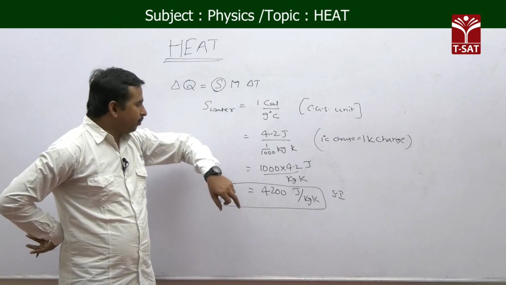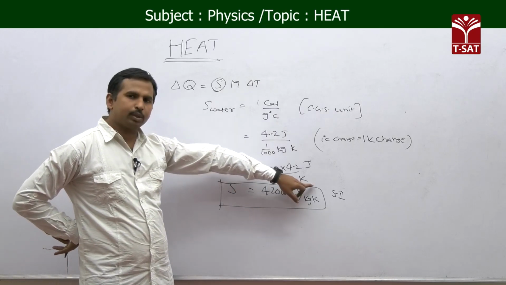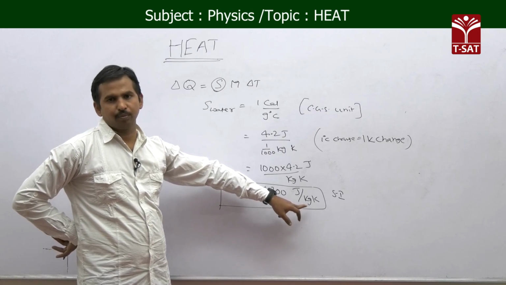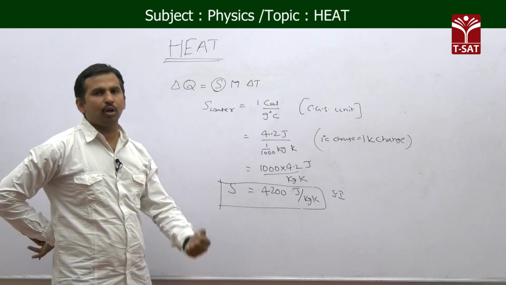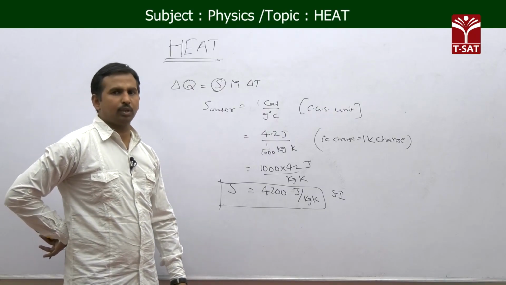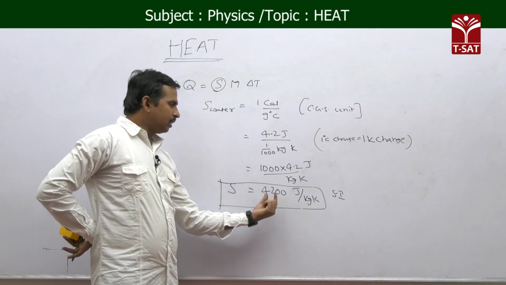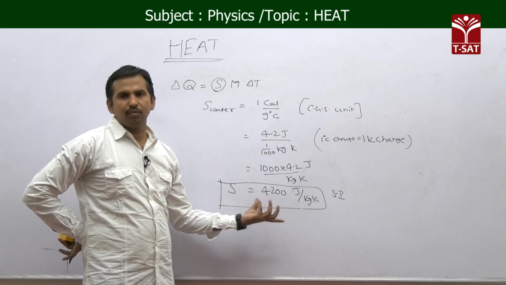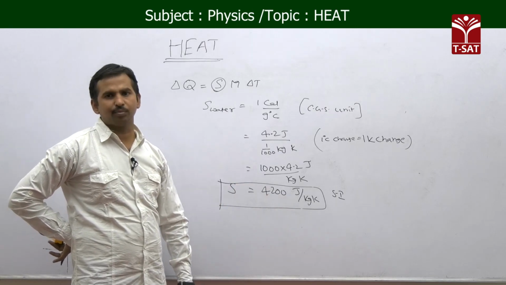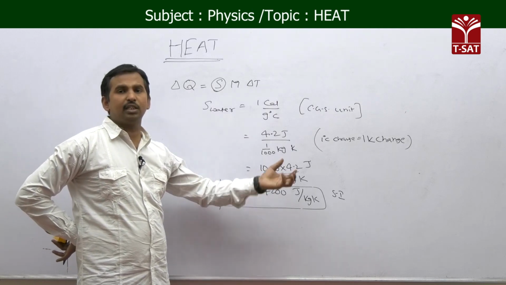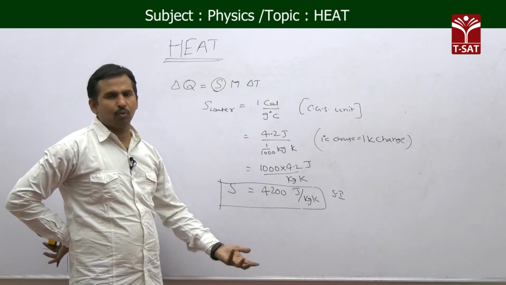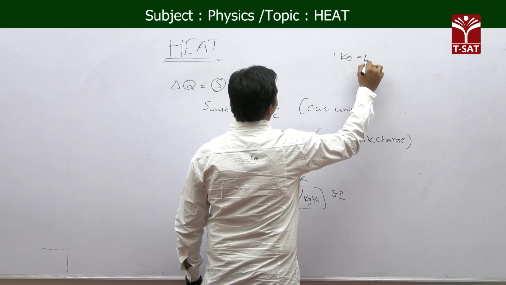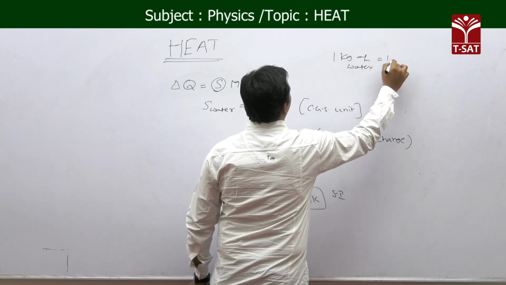But if you observe here, it requires 4200 joules of heat energy for 1 kg of water, which is a huge amount of heat energy. So whenever you want to raise the temperature of water by just 1 degree Celsius, the amount of heat energy required is 4200 joules, which is huge for the amount of water you are taking, 1 kg. 1 kg you already know is approximately equal to 1 liter, that is, 1 kg of water is equal to 1 liter of water.